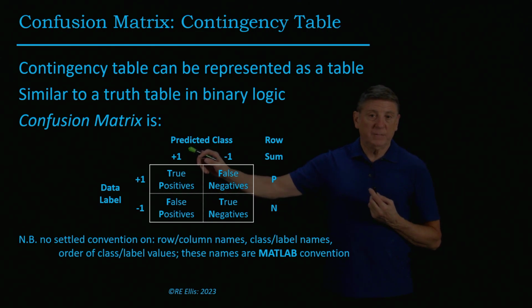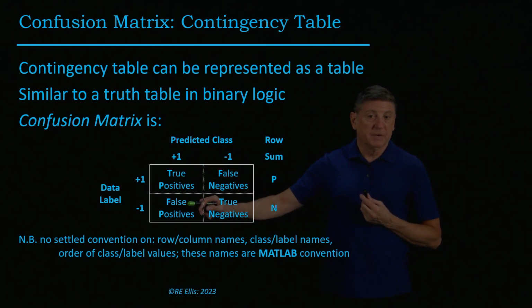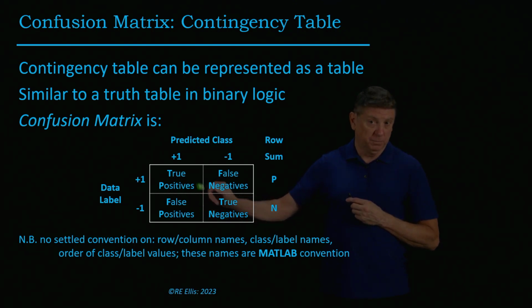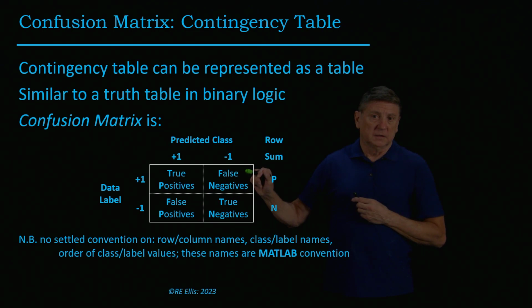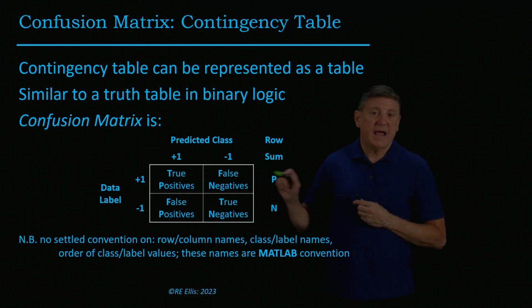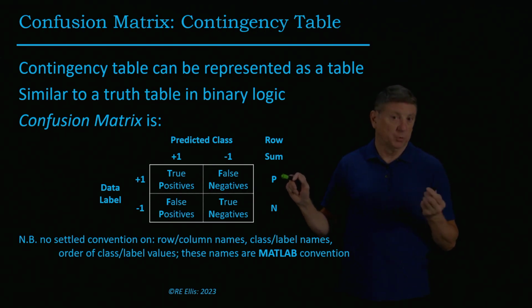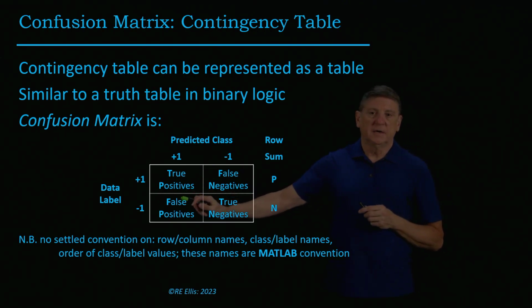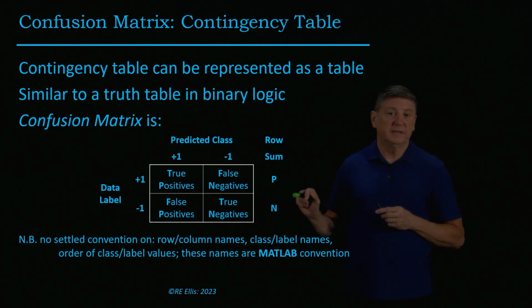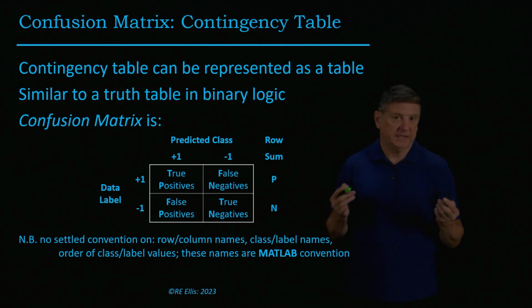If we predict it to be +1, but it's -1, we'll say it's positive, but it's a false positive. It's not a true positive. Likewise, if we predict -1 but it's actually +1, we'll call that a false negative. And we'll say that the sum of the true positives and the false negatives is P, for positive. And the number of false positives plus true negatives, we'll use the symbol N for negative.